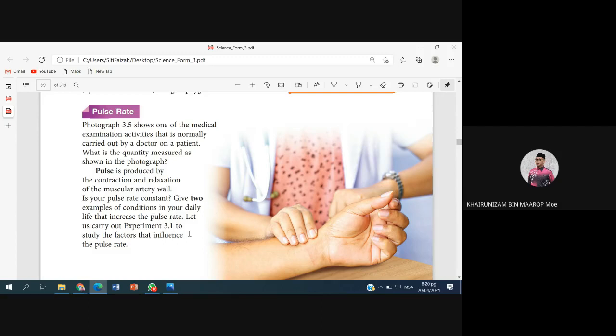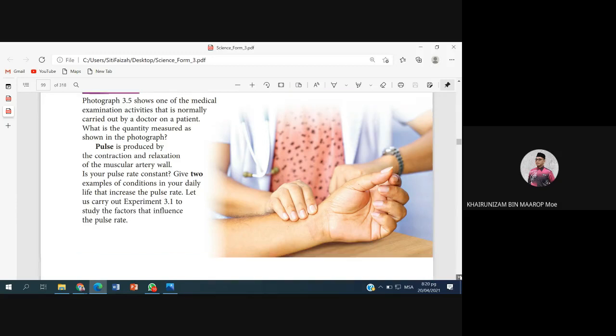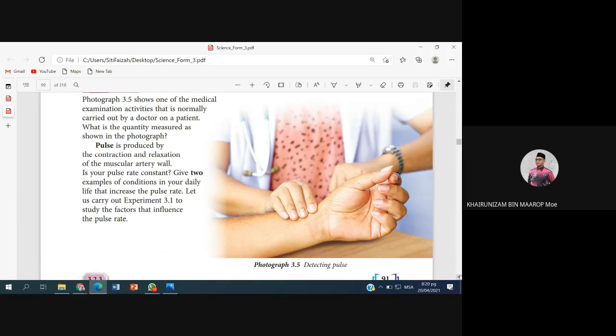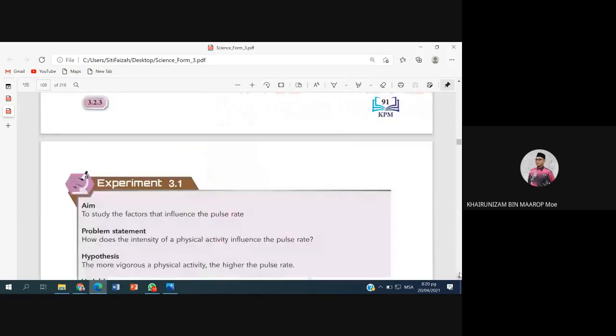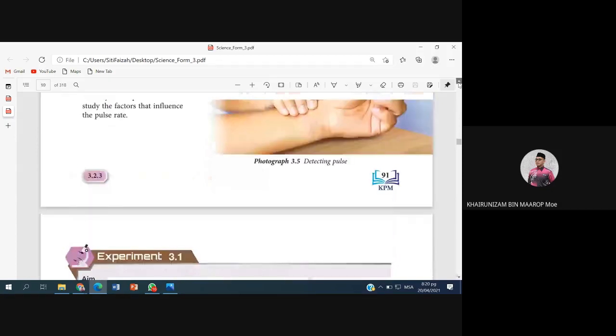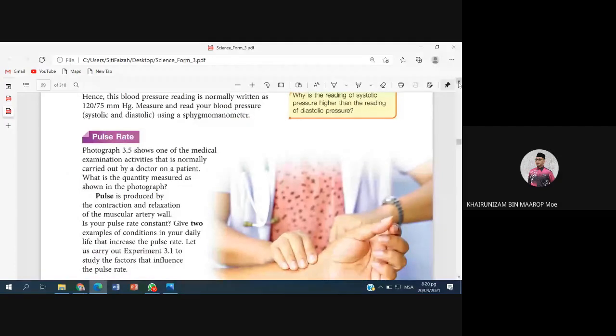Actually the pulse rate reading is different according to your activities. Let's say contohnya kalau kamu melakukan aktiviti bersenam atau bersukan, your pulse rate will give a high reading.